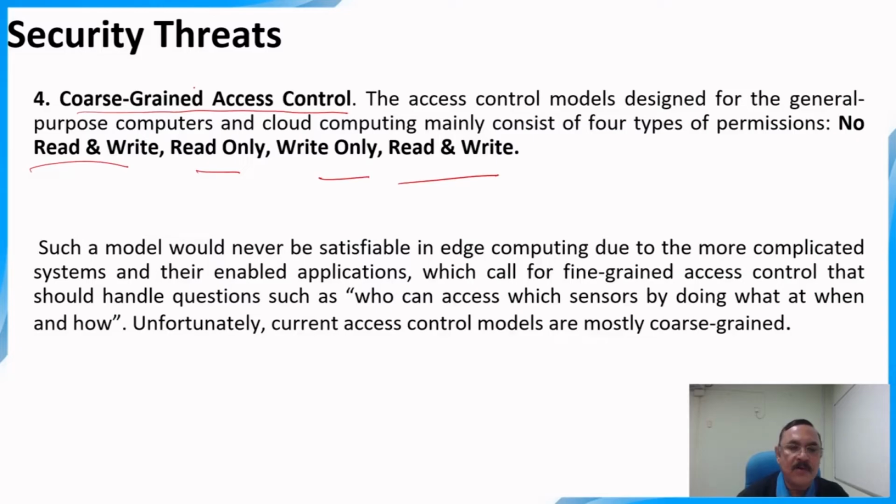Such a model would never be satisfactory in edge computing, due to the more complicated systems and their enabling applications, which call for fine grained access control that should handle questions such as who can access which sensor, by doing what, when and how. Unfortunately, current access control models are mostly coarse grained.